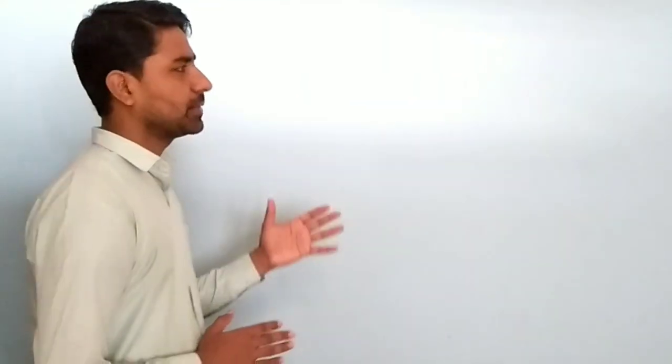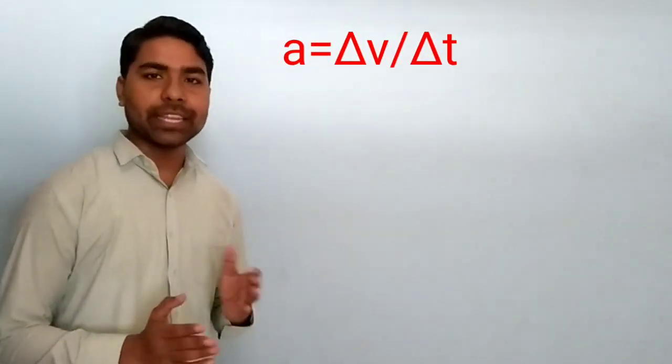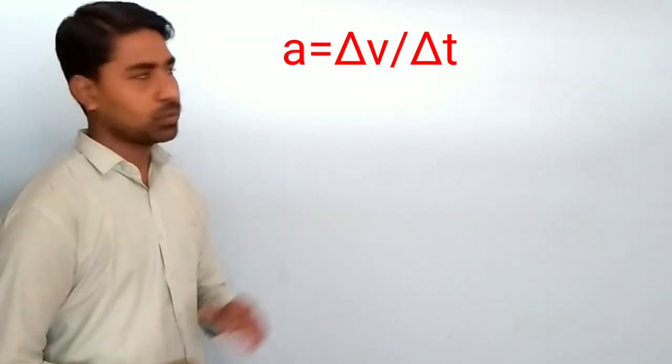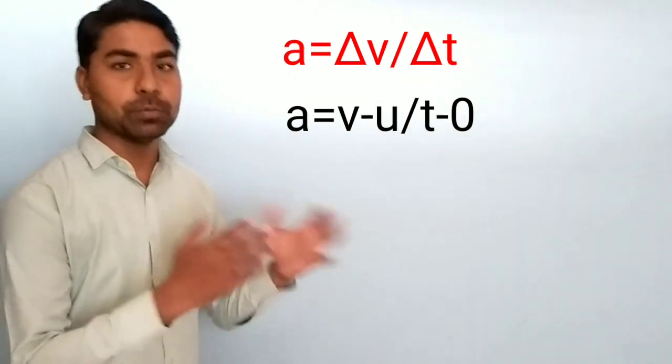So first of all, you must understand what is integration, because we are going to use this symbol. To understand that, see here, in the last time we have seen that acceleration, I am giving just an example, the acceleration is equal to change in velocity upon change in time. So v minus u upon t minus 0, you can say t2 minus t1 also.